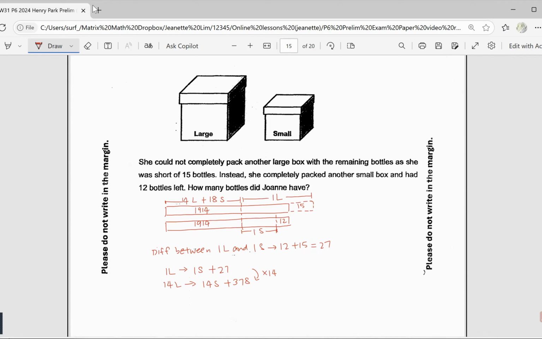Okay, so this one is your 14 large, right? Plus this one. So 18 small plus 14 small plus 378 equals 1914 bottles.